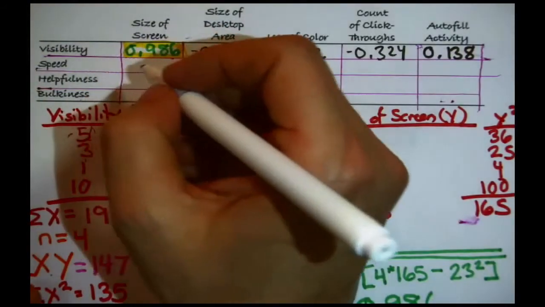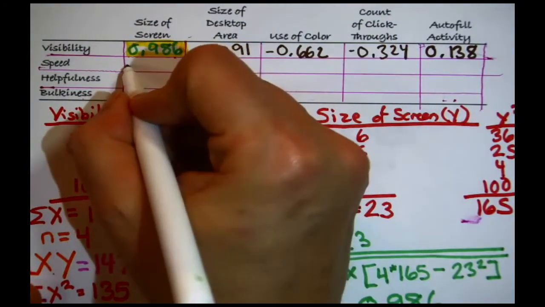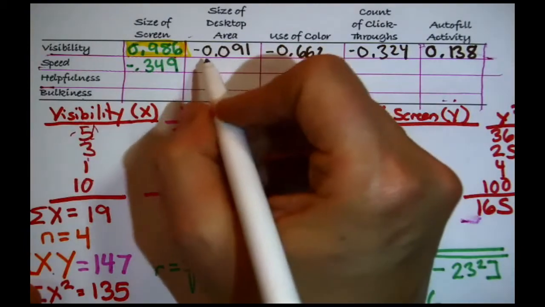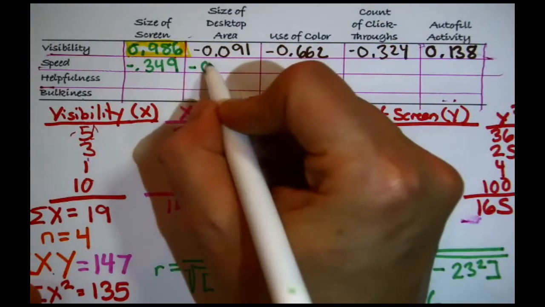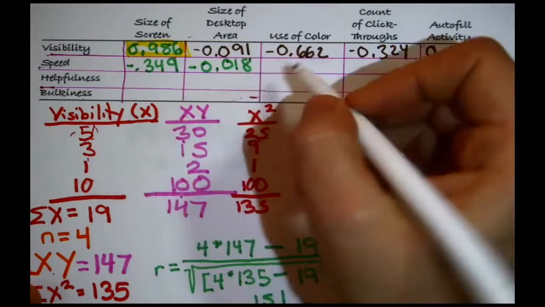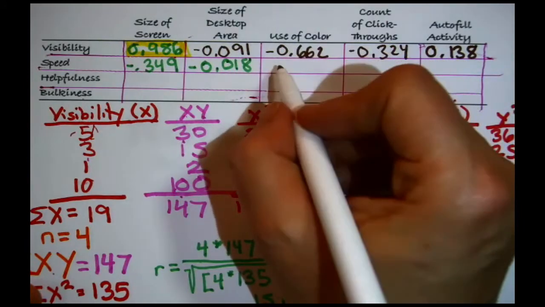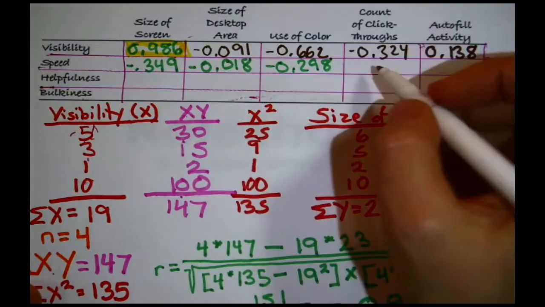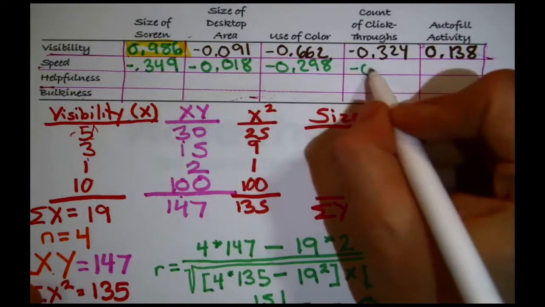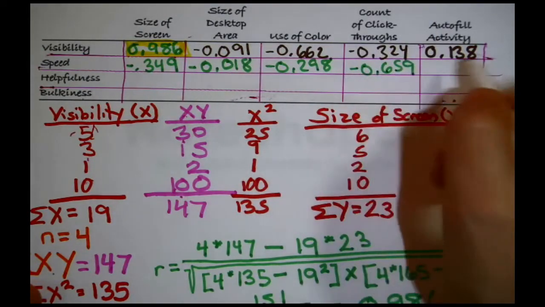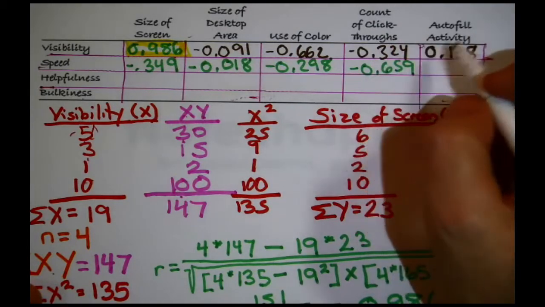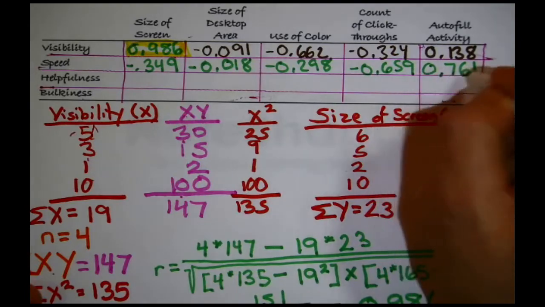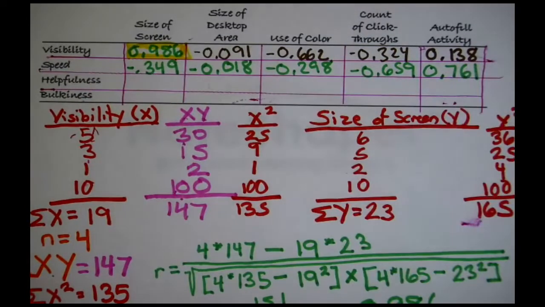In the case of speed, negative 0.349 for its correlation with the size of the screen, negative 0.018 for its correlation with the size of the desktop area, negative 0.298 for use of color, negative 0.659 for it and count of click-throughs, and then 0.761, no negative sign, between speed and autofill activity.